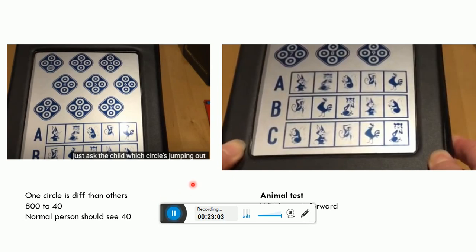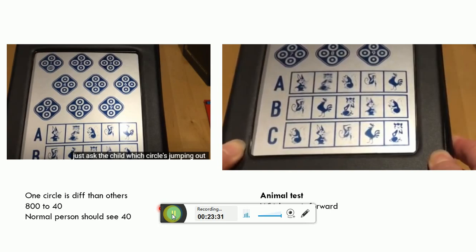So the patient is shown a book with stereoscopic images, 3D and 2D images. The book typically contains a fly, animals and circles. The patient is asked to identify which images are stereoscopic, just ask the child which circle is jumping out or which animal is jumping out.